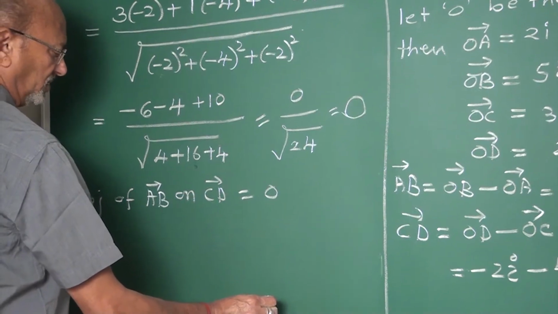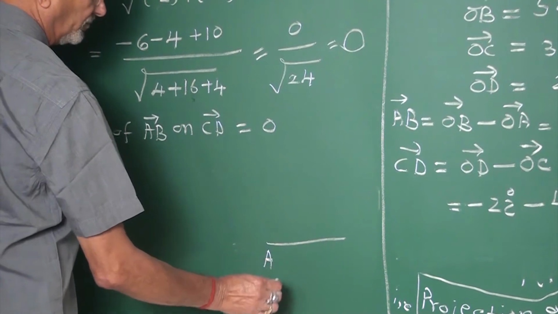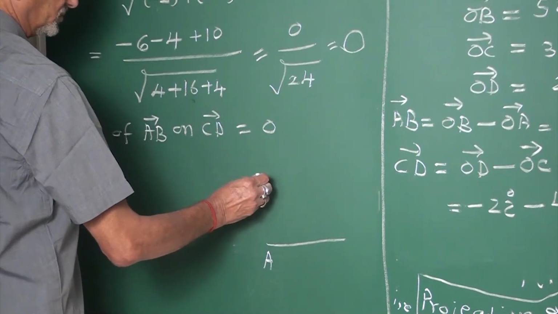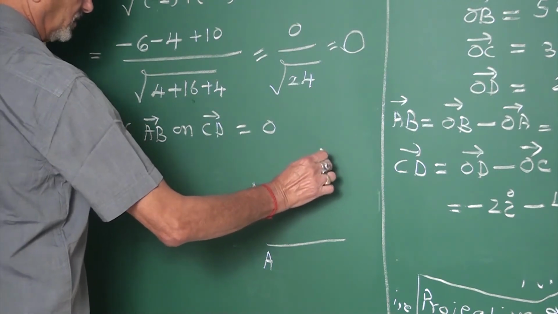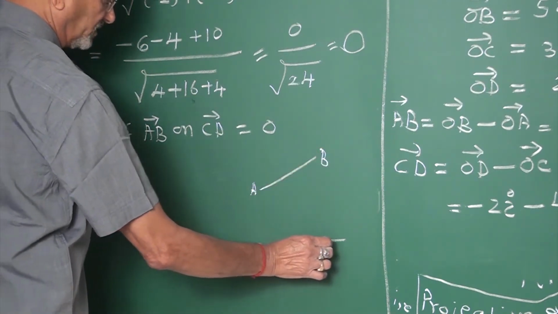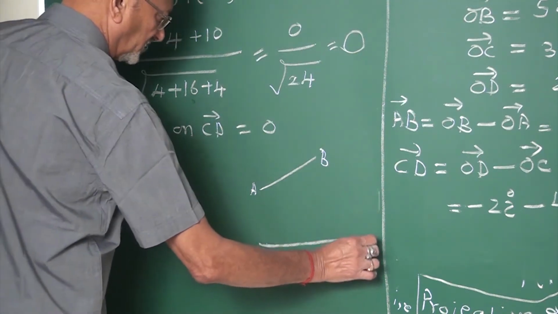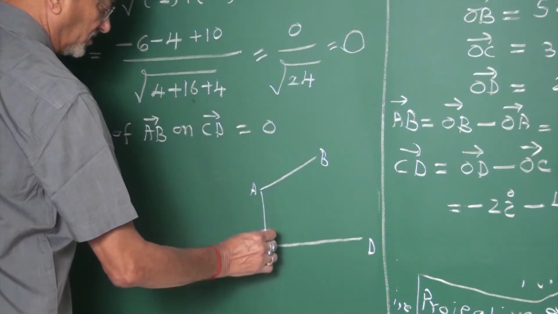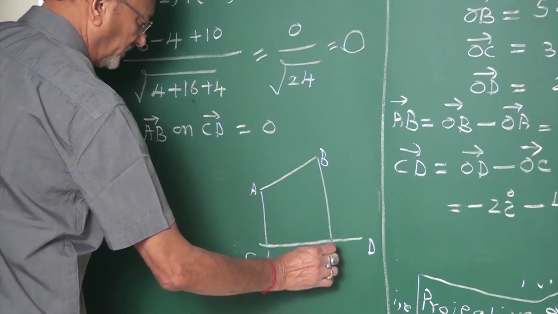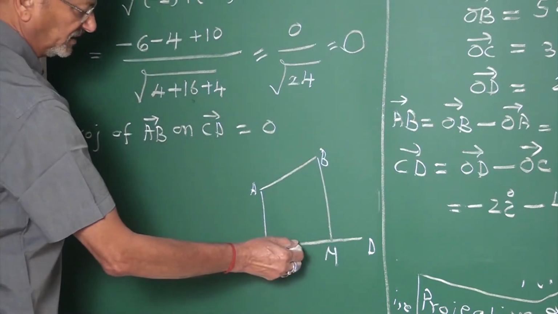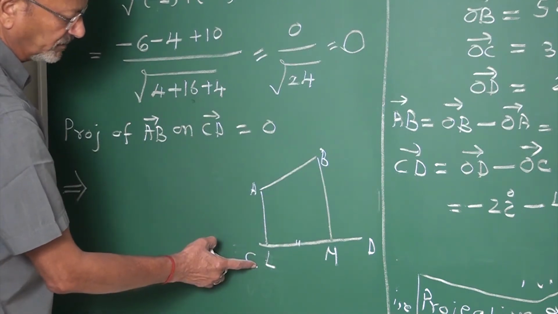This is vector AB, this is vector CD. From A, you are drawing what? Perpendicular AL. You are drawing perpendicular BM. Then this LM is the projection of AB on CD.